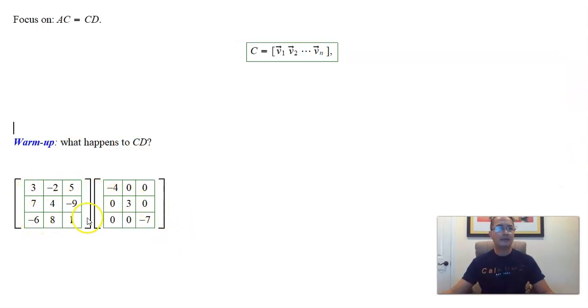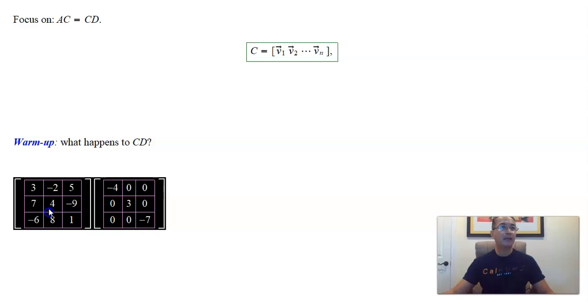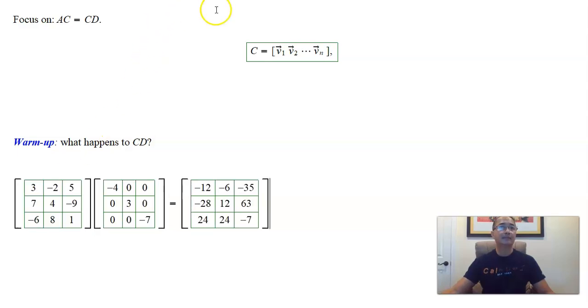Here's the demonstration. I have a random matrix C here on the left, and I have a diagonal matrix D here on the right. Remember those alpha 1, alpha 2, alpha 3. In this case, they're just -4, 3, and -7. What happens when we multiply these two matrices together? What is the relationship now?